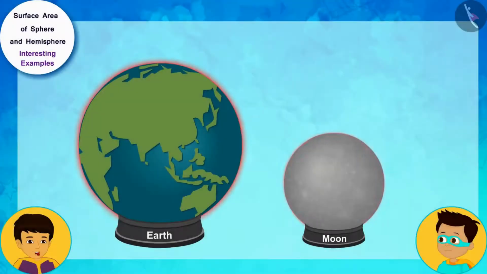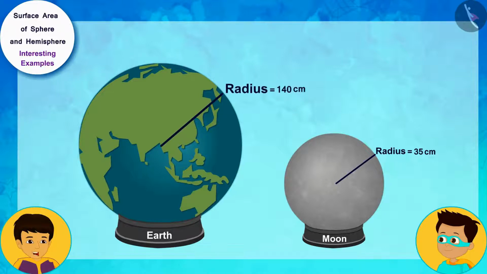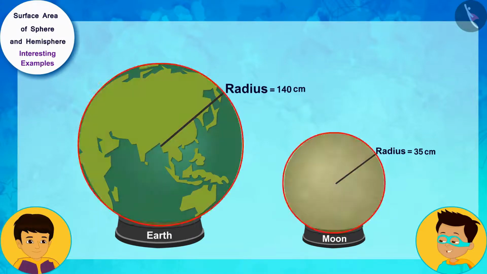Look, Thomas, the models of both the moon and the earth are hollow spheres. The radius of the moon's model is 35 centimeters and the radius of the earth's model is 140 centimeters. I remember the formula for the surface area of sphere.